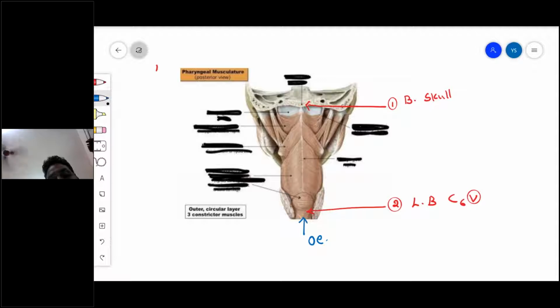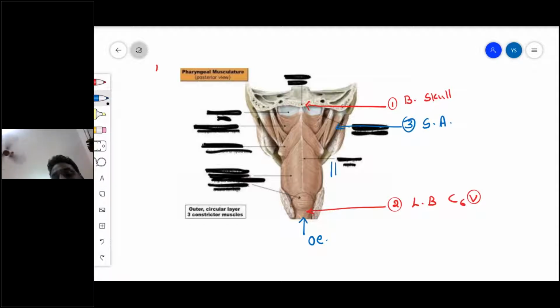And now we come to the relations of the pharynx. In front, the pharynx communicates with the nasal cavity, oral cavity, and the larynx. Anteriorly, communications. Posteriorly, it is supported by vertebrae. On either side, in this picture, with the blue arrows I'm showing 3: these are the styloid apparatus.